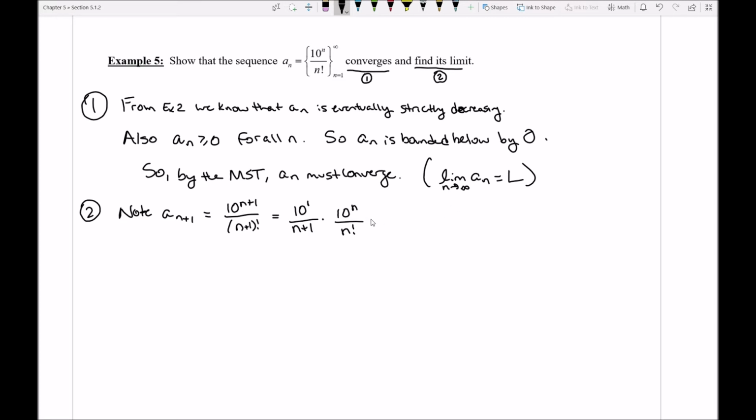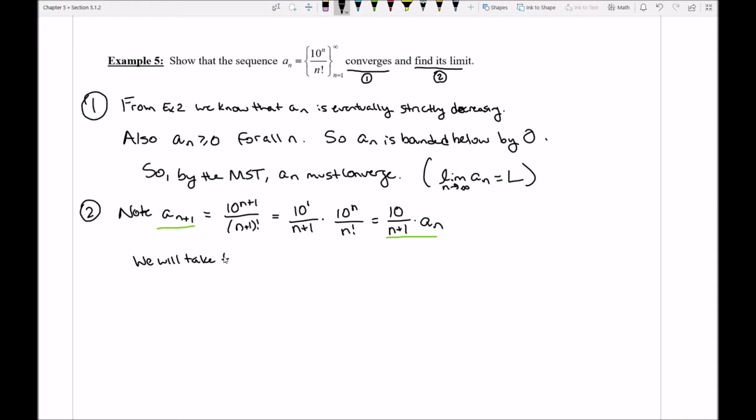But the interesting thing here is that this is really 10 divided by n plus 1, being multiplied by a sub n. So there's ultimately a connection here between a sub n plus 1 and a sub n itself. Okay, well, this is kind of strange, but note that I could also then make the following observation.